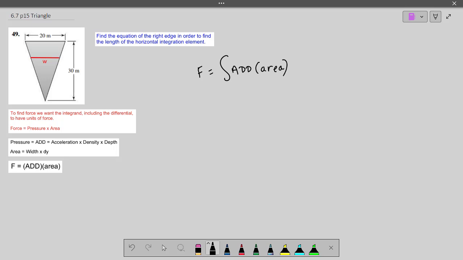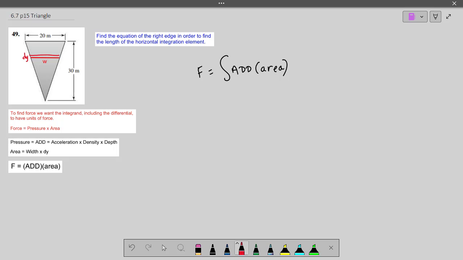And area is going to be the width of this strip, the width of this integration element, multiplied by dy. In your mind, you can imagine it as a strip, and the thickness of the strip is dy. So the area in that integral is just w multiplied by dy.